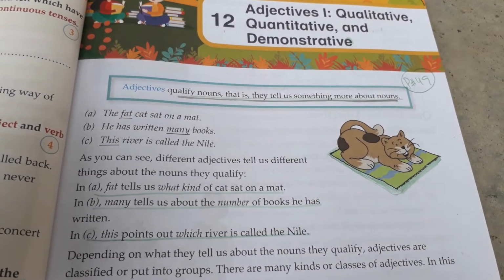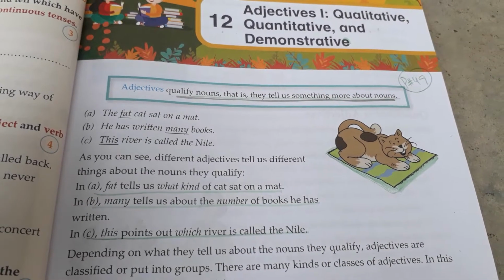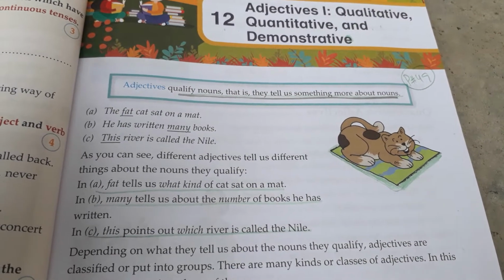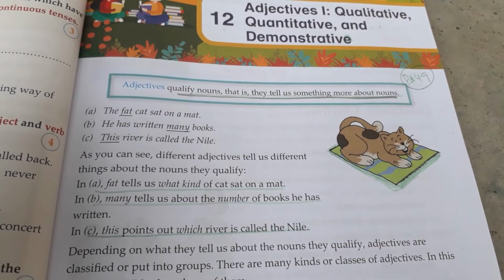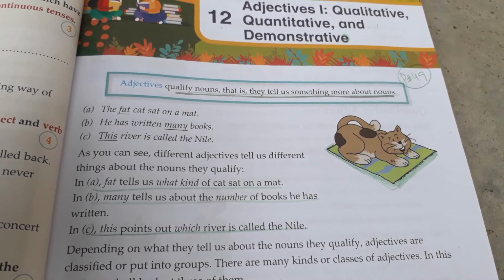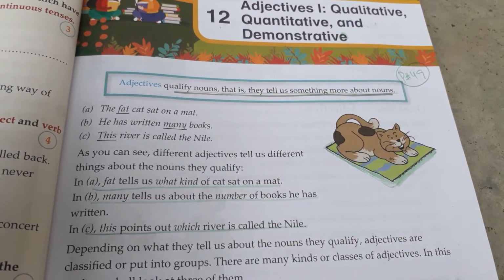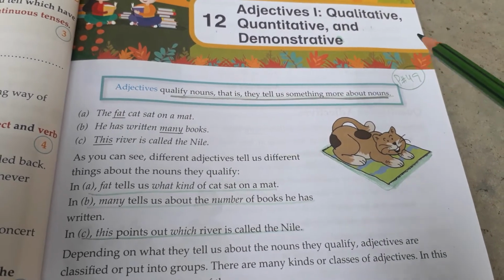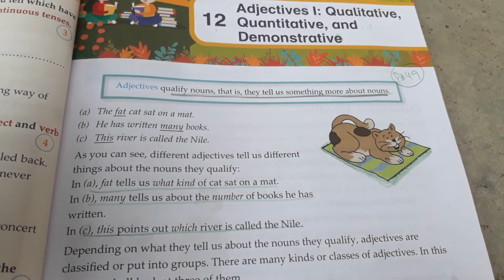So nice, brown and soft, all those words describe the texture, size, shape or color of something, describing that noun, that teddy. So that was the example of qualitative adjective.